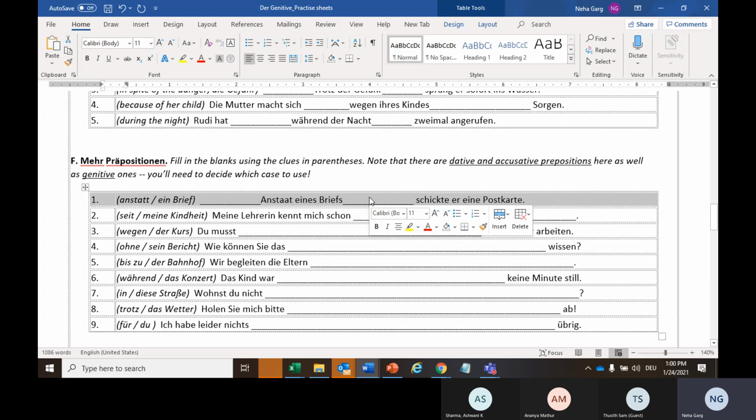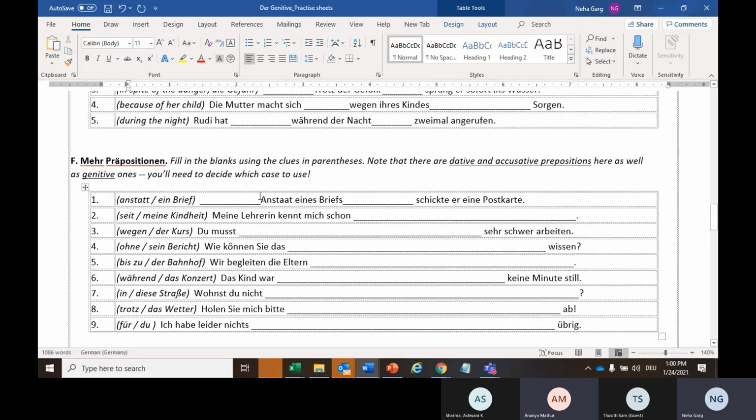Ananya, you're not audible. Hello. I didn't hear you. Was bedeutet das? Okay. Instead of a letter, he sent a postcard. Schickte. Sent. Past tense. He sent a postcard.